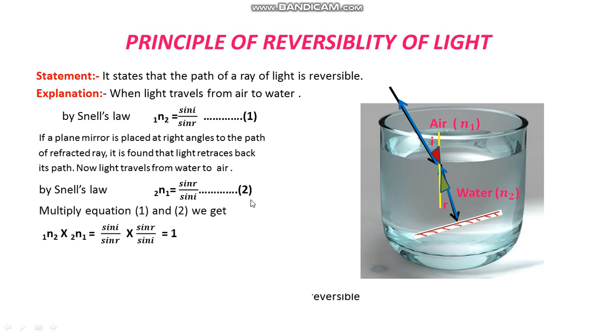We are getting that it equals 1. So what does it mean? It means the refractive index of the second medium with respect to the first medium is equal to the reciprocal of the refractive index of the first medium with respect to the second medium, and vice versa. We can take it in reverse order also. Okay.